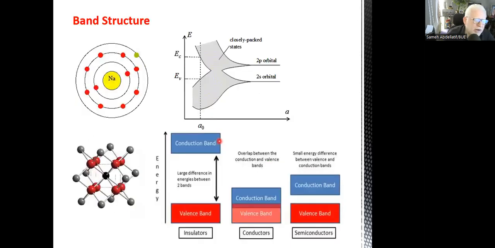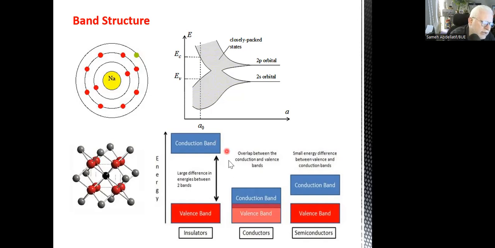The energy band diagram is simply the gap between the highest filled energy band and the first empty energy band.